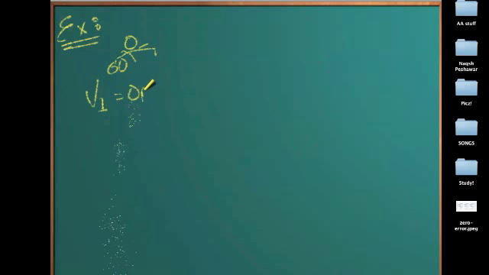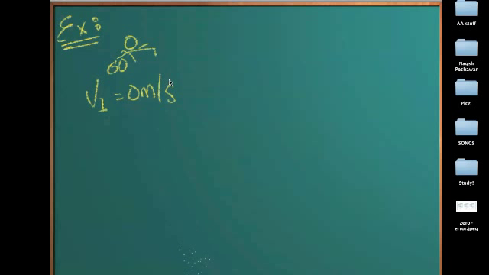A motorcyclist, I'm doing an example here. This is the motorcycle, and this is the guy sitting here. A motorcyclist starts from rest. From rest means the initial velocity is 0 meters per second. It's at rest.